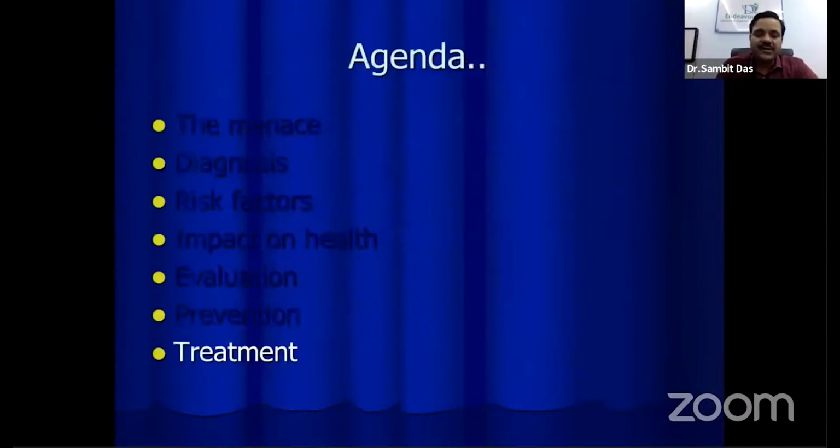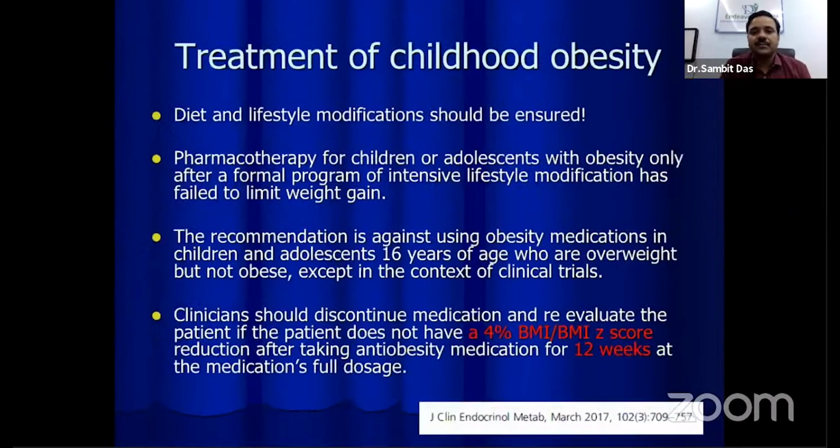So coming to the last part, that is the treatment in short. The treatment of childhood obesity as per the clinical practice recommendation: diet and lifestyle modification should be ensured, and I have discussed about the diet. Pharmacotherapy for children or adolescents with obesity only after a formal program of intensive lifestyle modification has failed to limit the weight gain.